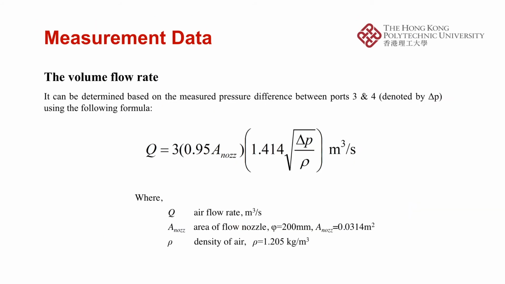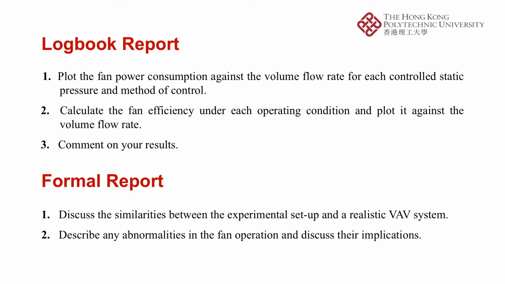You can use this formula to calculate the air volume flow rate. That's all the introduction and the display of the experiment. Next, please finish the logbook report and formal report. Thank you for watching.